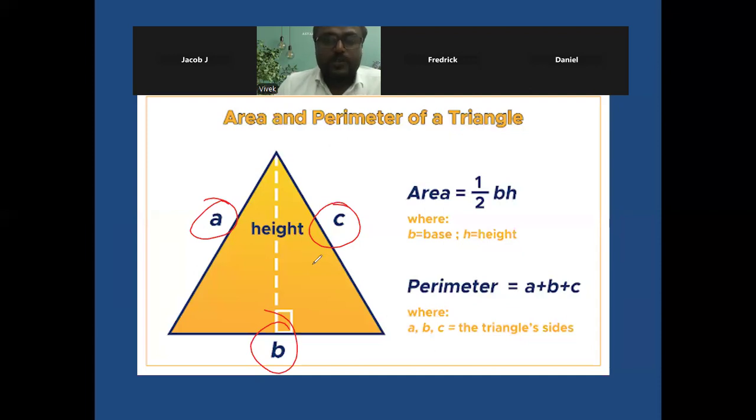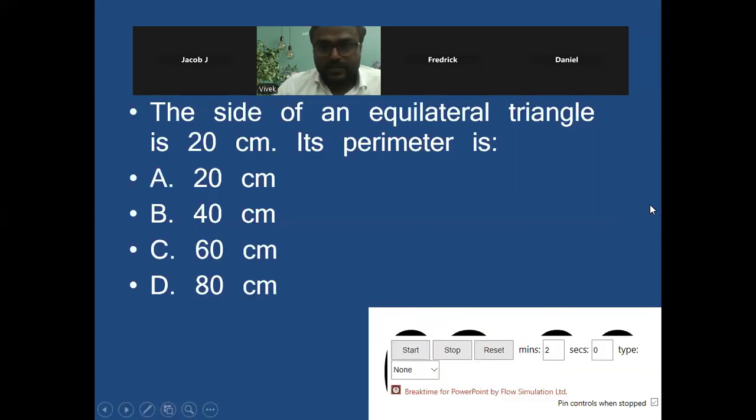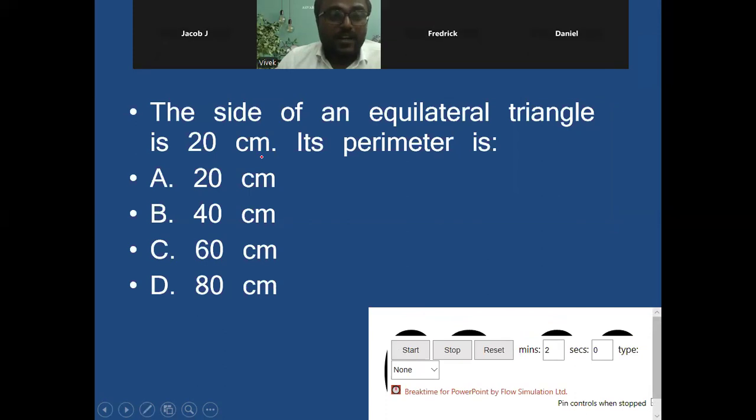If you have written it down, we are going to move ahead. I'll repeat again. Area equals 1/2 times base times height. Perimeter is nothing but A plus B plus C. Let's move ahead. I will solve this question for you guys. The side of an equilateral triangle is 20 centimeter. What is its perimeter?